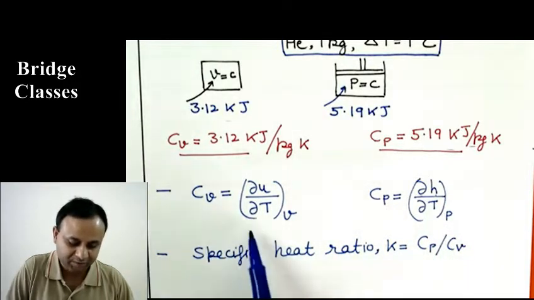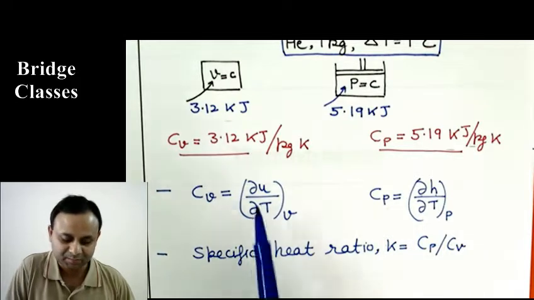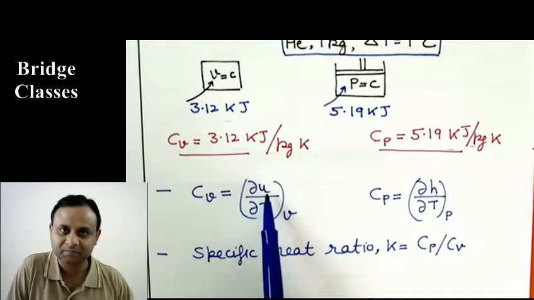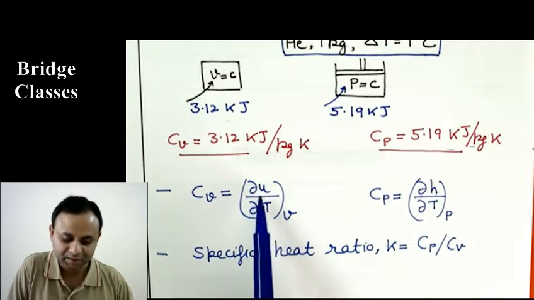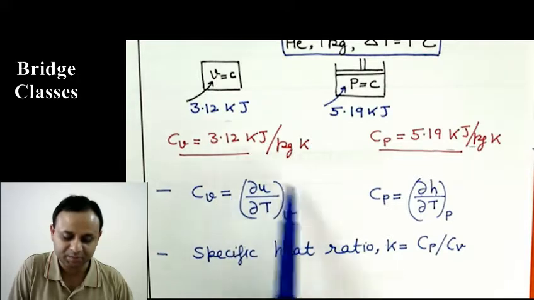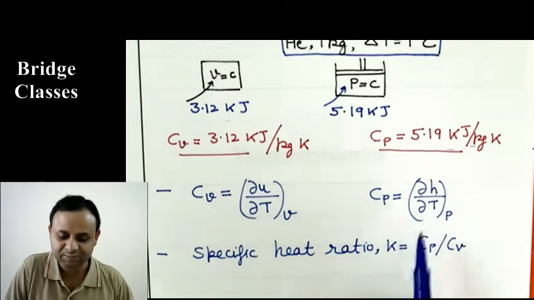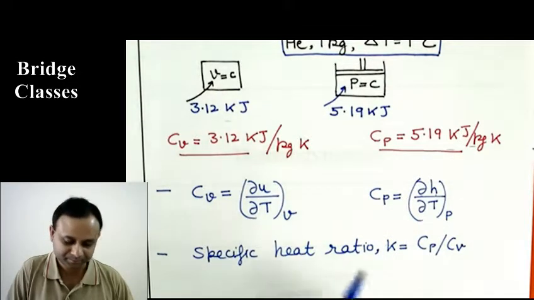But after the derivation, now I can argue that these are properties, because you see U is a property. U is a property of the system, and we are taking a derivative of U with respect to temperature at constant volume. So everything is a property here. So Cv is also a property, and similarly Cp is also a property. Okay.